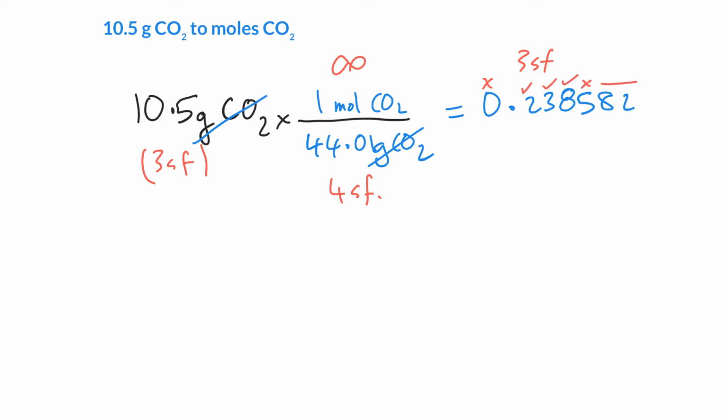We lop off the 5, and 5s round up the number next. So 0.238 becomes 0.239, and the units are moles of carbon dioxide. So that's how we change grams into moles. We just add up the weights of all the atoms. That gives us how many grams 1 mole is, and we use it as a conversion factor problem.